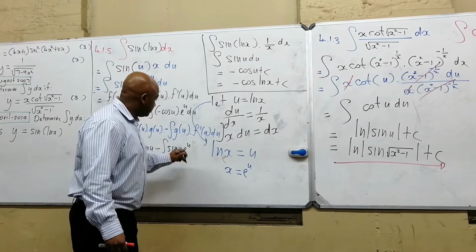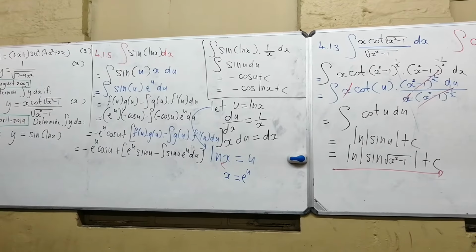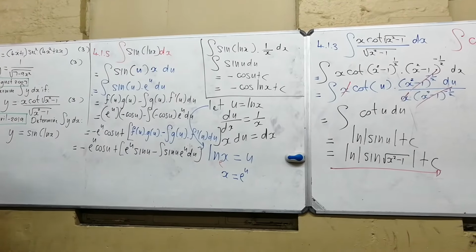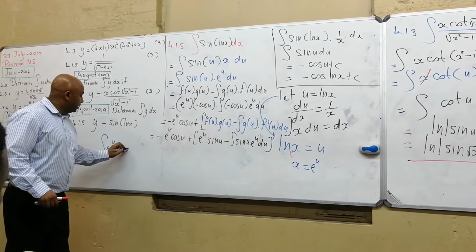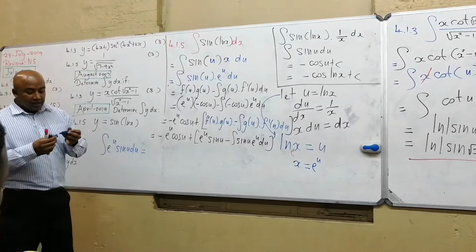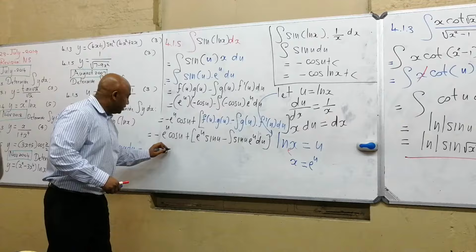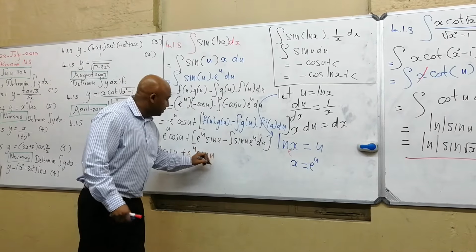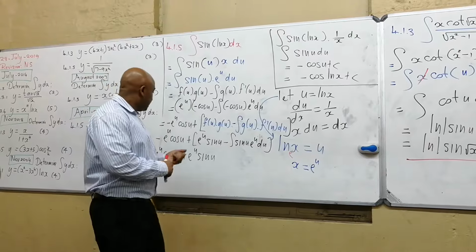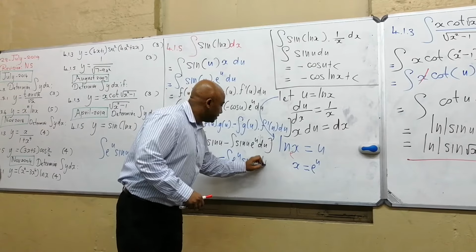So now, remember on the left hand side, what do we have? On the left hand side, we have the integral of e to the power u sin u du. On the right hand side, we have minus e to the power u cos u plus e to the power u sin u, and we have minus the integral of e to the power u sin u du.